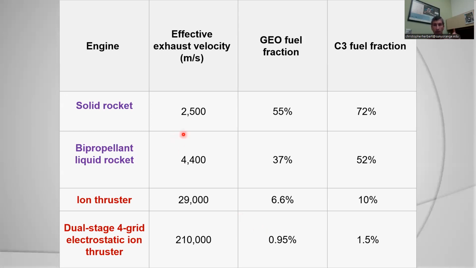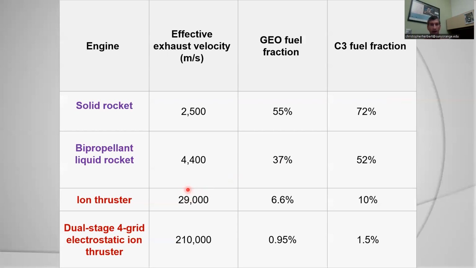So if we used a booster, once we're in low Earth orbit, to get to geosynchronous orbit, we would use half of the fuel, and this is the fuel that we've already put up into orbit. Okay, for geosynchronous, and almost 3/4 for Earth escape. Bipropellant rockets, we see we do much better.